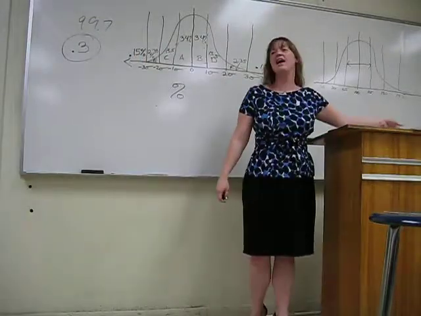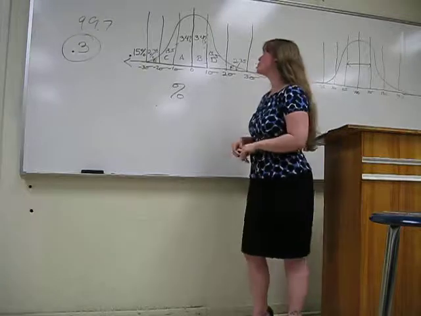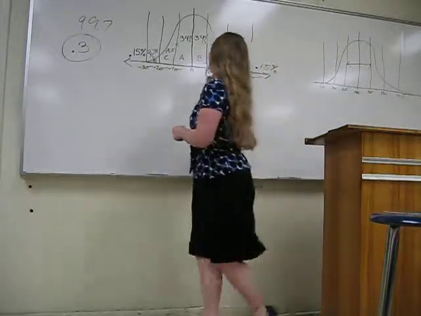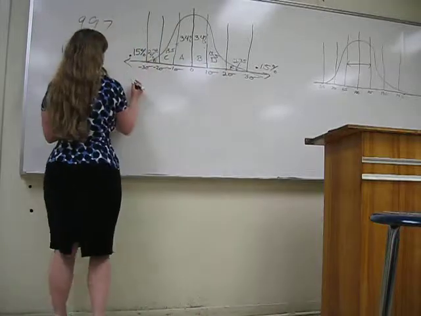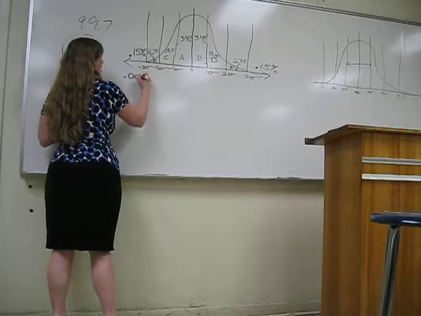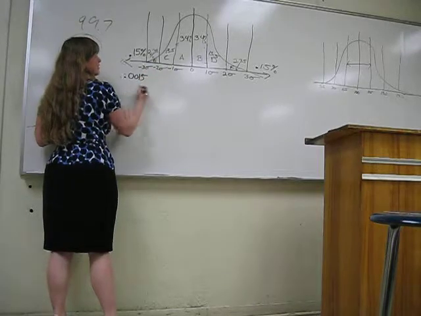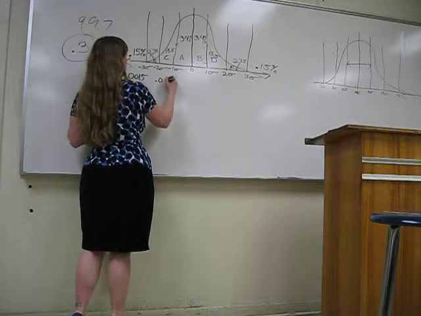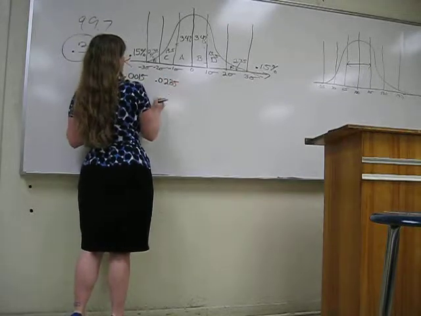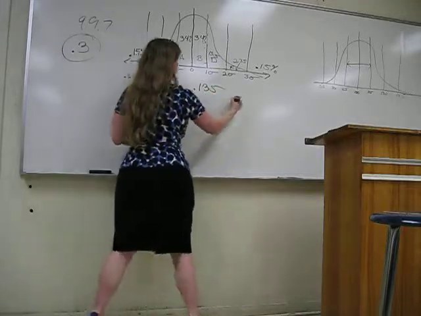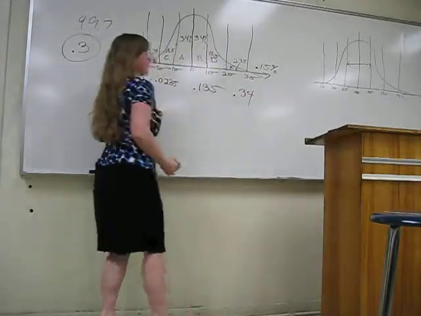But keep in mind, let's make sure we can turn these into proportions. So if I was going to report these as proportions, this would be 0.0015, right? This would be 0.0235, 0.135, 0.34.